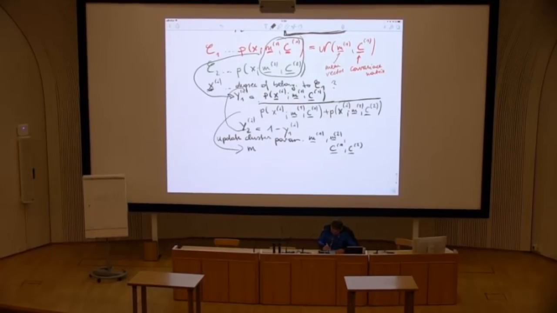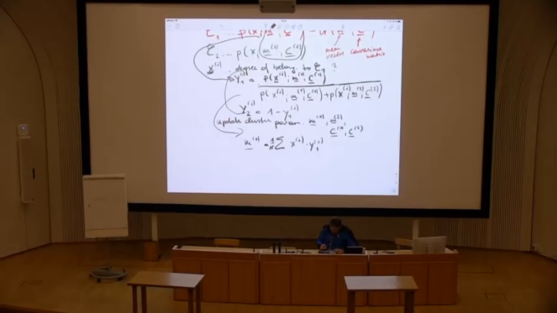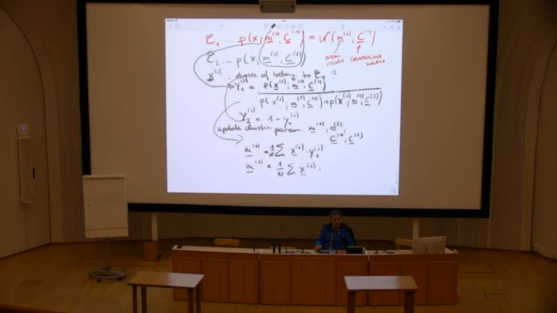cluster 1. So let's say we update cluster mean M1 by summing all feature vectors and weighting them with the degree of belonging to cluster 1. Then we divide by 1 over n. And we update the mean for cluster 2, similar. Xi times, how do we weight the data points for cluster 2?